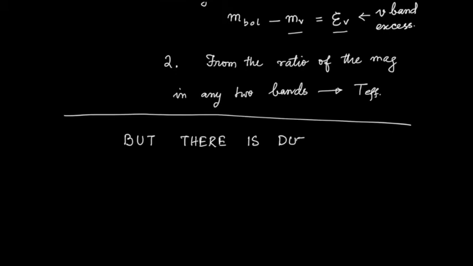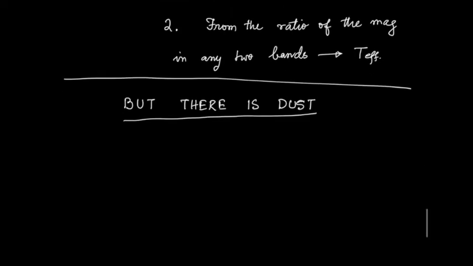Remember that on the first day when I was showing you those pretty pictures, in one case I mentioned that the star's lights are not seen because when the starlight passes through the interstellar medium before reaching our telescope, it also passes through dust. And what dust does is that it absorbs this starlight.